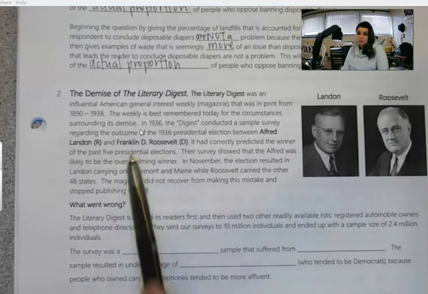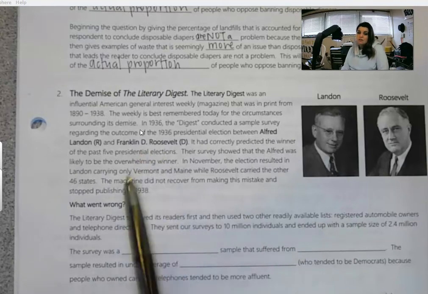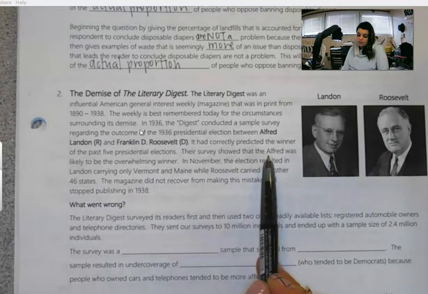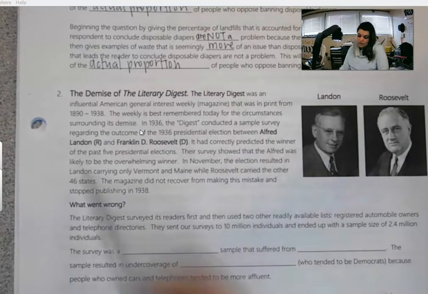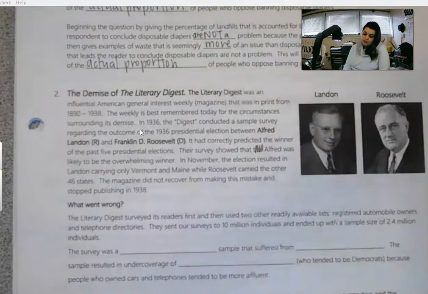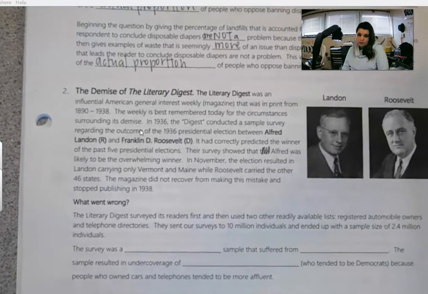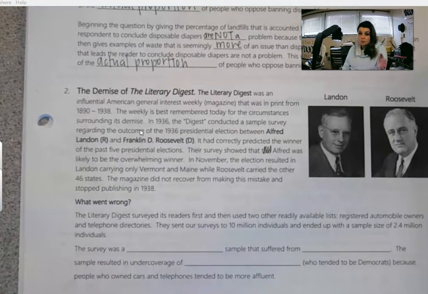Their survey showed that Alfred was likely to be the overwhelming winner. So now everybody's thinking, well, Alfred's going to win because this magazine has predicted the winner for the last 5 elections. That's what, 20 years? For the past 20 years, they've been right. So for sure, Landon is going to win this election.